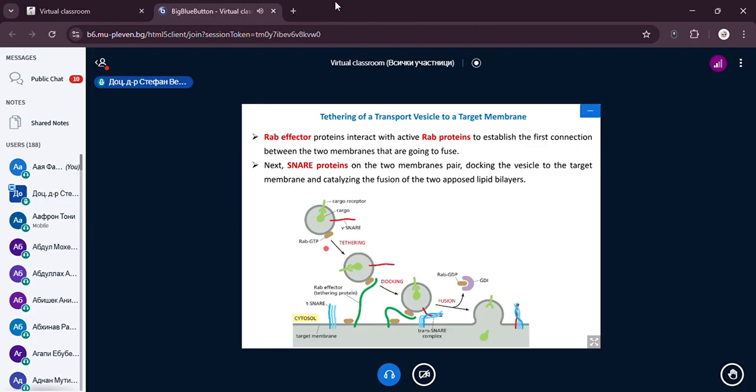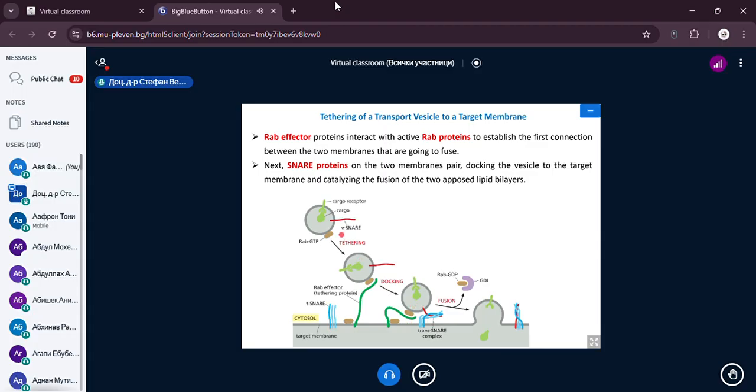And here is the interaction between the vesicle membrane and the target membrane, and how the vesicle is initially recognized by the RAB effector and the RAB-GTP present in its membrane, and how this vesicle becomes attracted and binds to the surface of the target membrane.